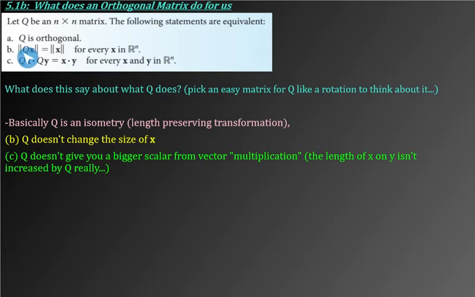So what statement B is saying is that Q operating on X, for some vector X, is just the matrix transformation of that vector. It's just moving it around in space. And it's saying that the magnitude of X after transformation is the same as the magnitude of X originally. It didn't elongate the vector, it didn't shrink it. It's just preserving the length of that vector. That's what that one says.